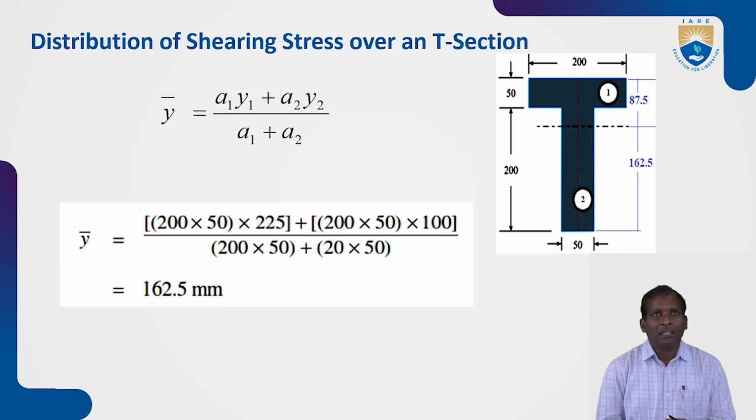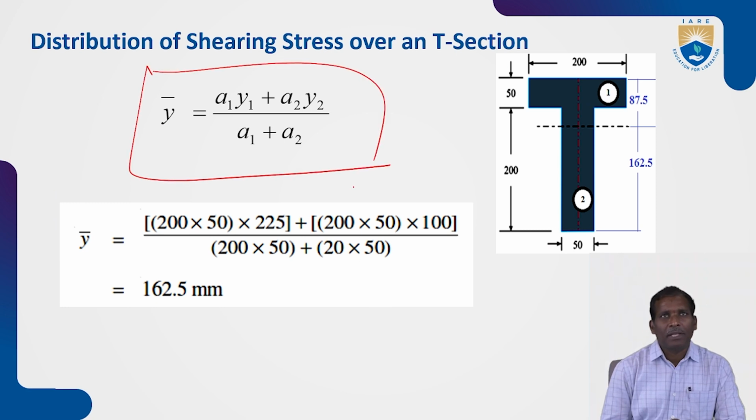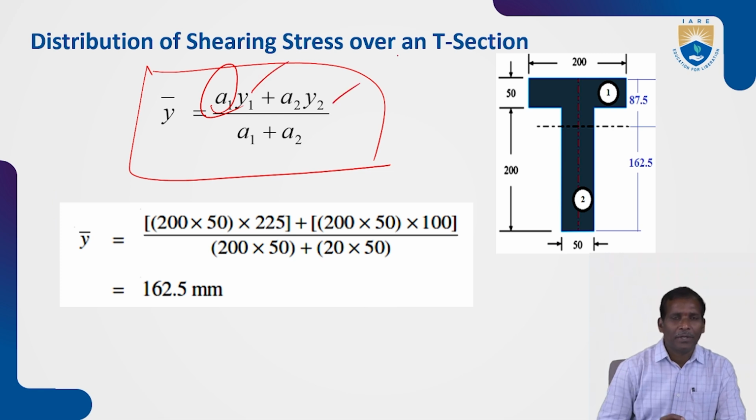So first calculate the y bar. How do you calculate the y bar, the center of gravity? A1 y1 plus A2 y2 by A1 plus A2. A1 is the area of the first section, and A2 is the second section. y1 is the distance of the section from its neutral axis, similarly y2.